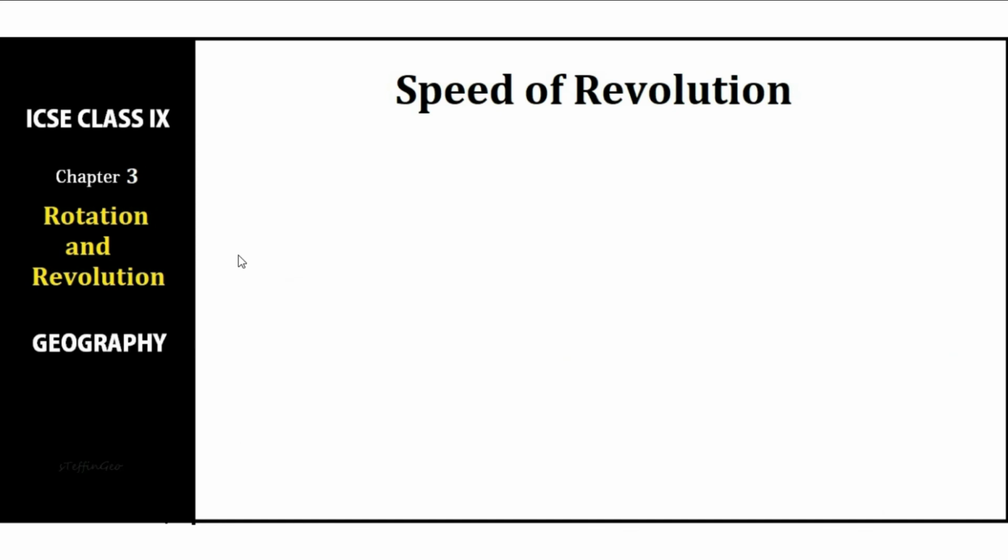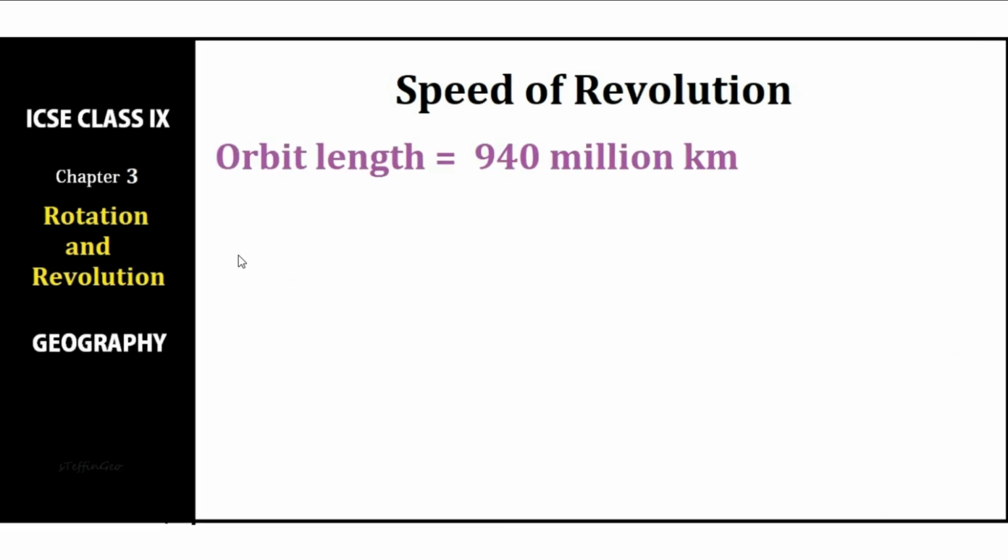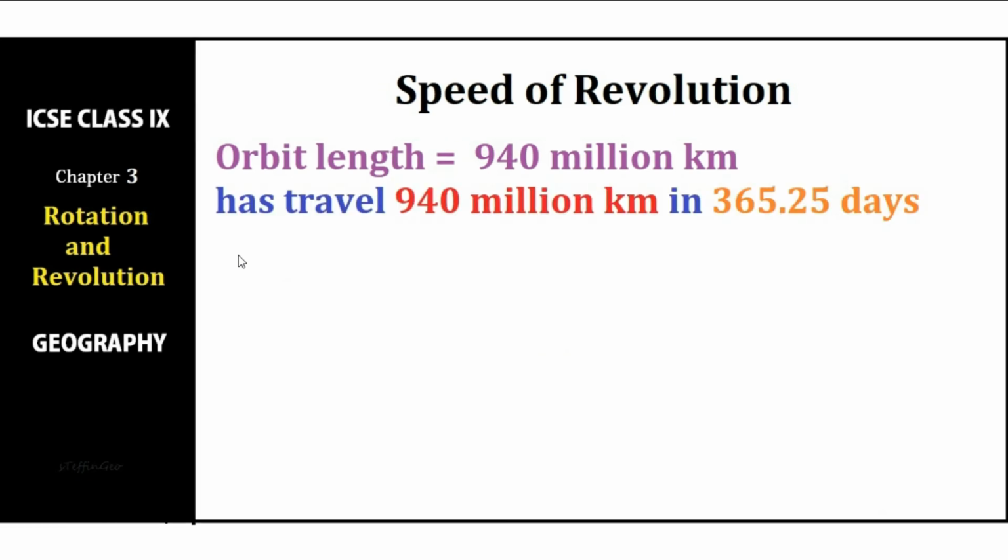Now, the next topic is the speed of revolution. The length of the orbit of Earth is approximately 940 million kilometers. It's not 940 kilometers, it is 940 million kilometers. And Earth has to travel the entire 940 million kilometers in 365.25 days.